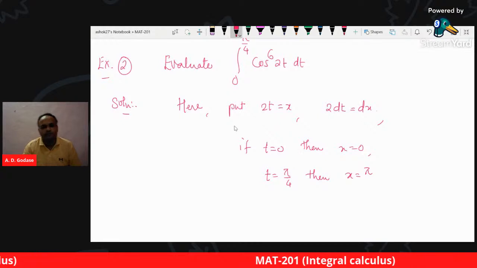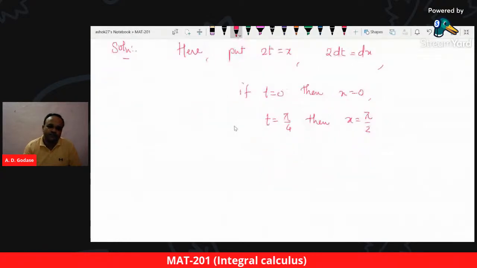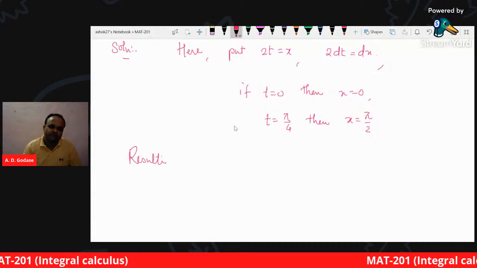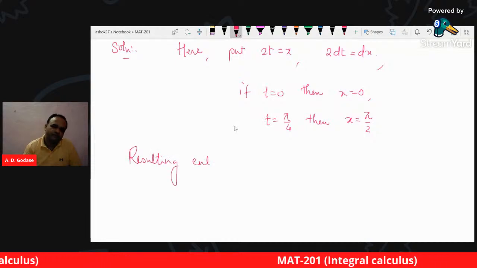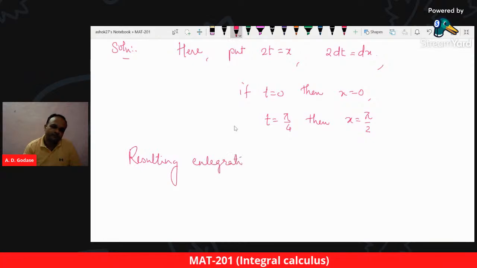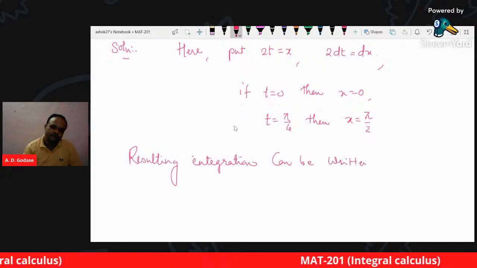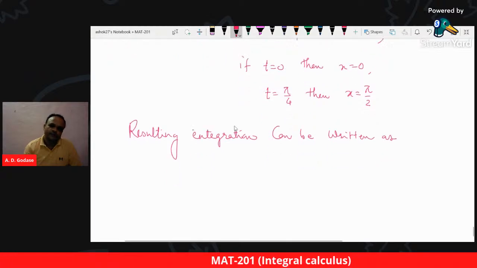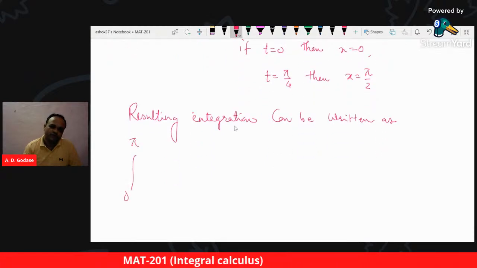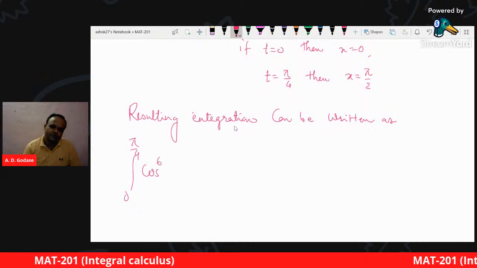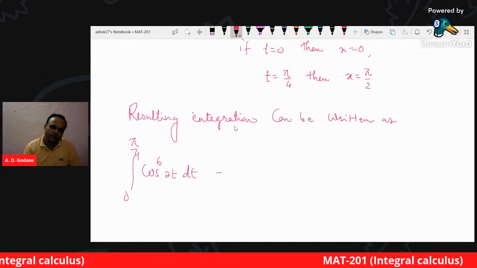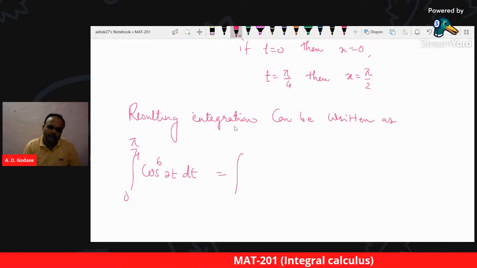So what will be the resulting integration? The resulting integration can be written as integration from 0 to pi by 4 of cos raised to 6 of 2t dt, and here we are replacing t by x, meaning we are putting 2t equal to x.